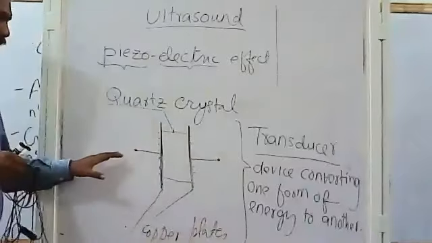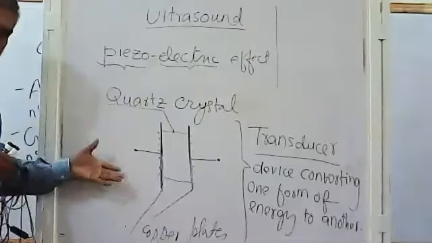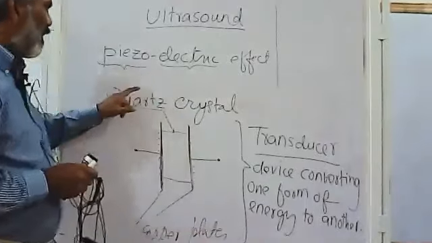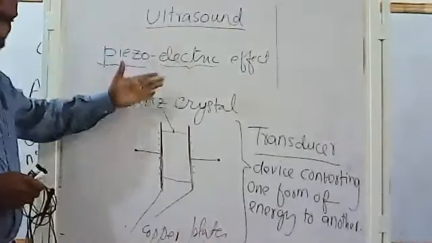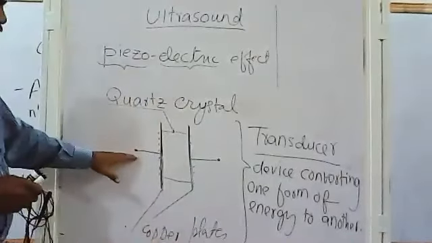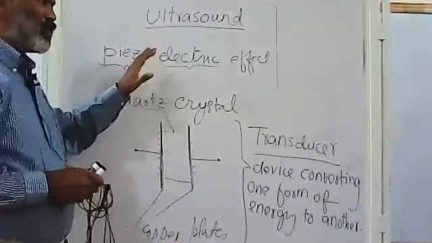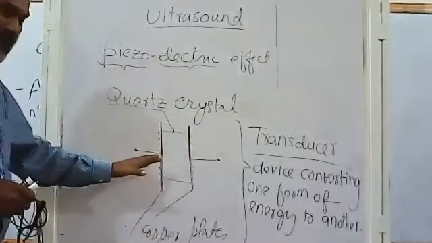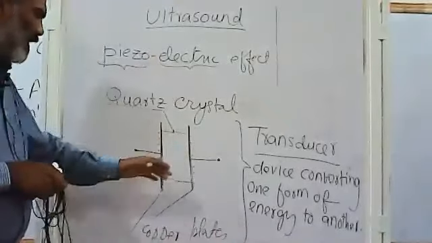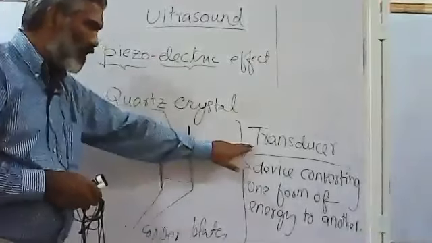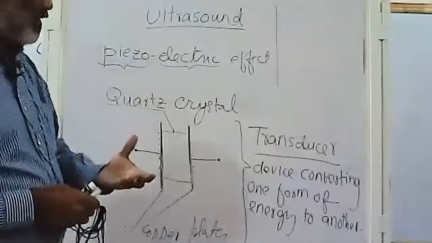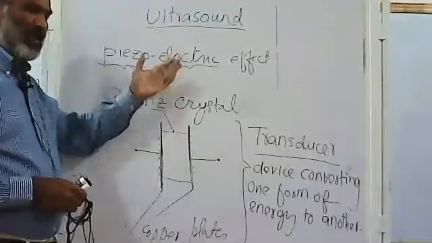If we apply a voltage signal of certain frequency, let's say I want to create ultrasound, that means I know it should be a frequency above 20,000 hertz. So if I apply a voltage signal close to that frequency, mechanical vibrations will be set up in these plates, and therefore this transducer will be a device which is creating oscillations of such a frequency.